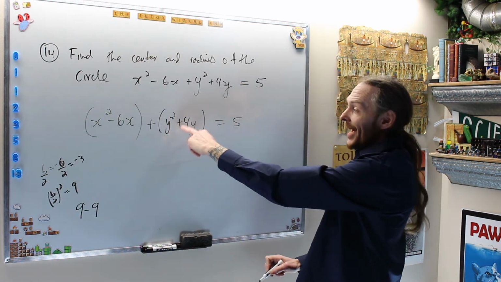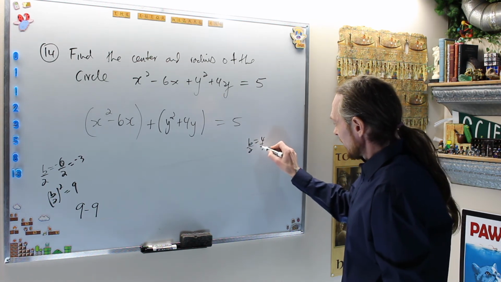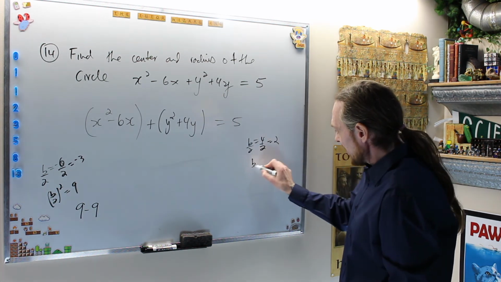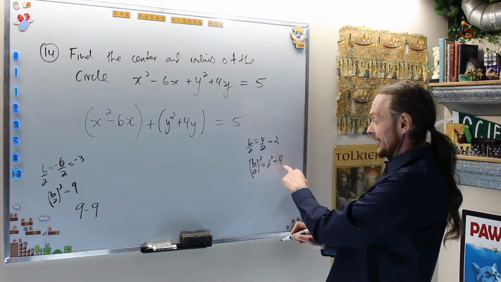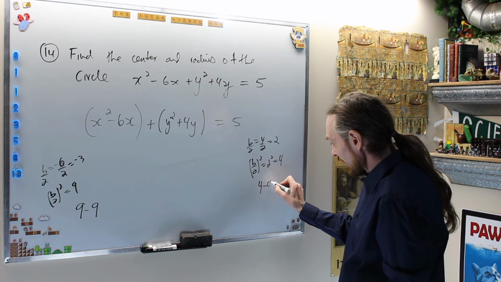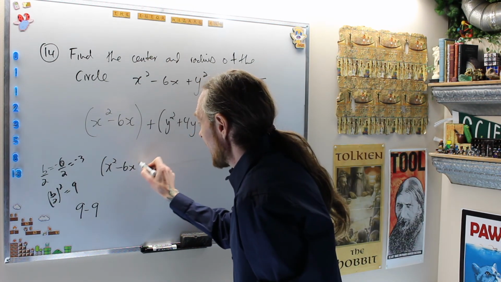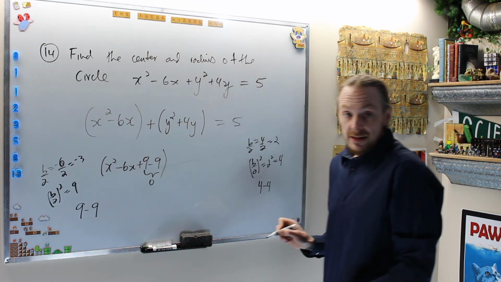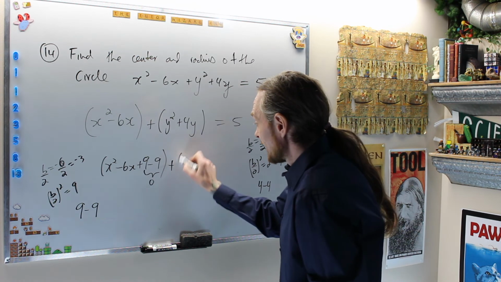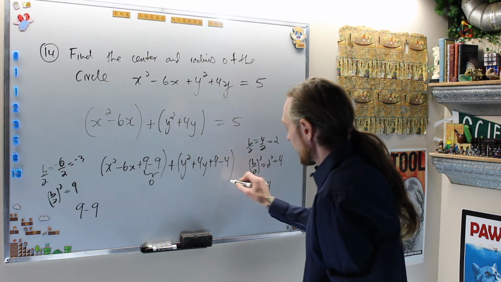For the y's, I have b is 4. So over 2 is 2. So b over 2 squared is 2 squared, which is 4. But I can't just add 4. I'm going to add 4 minus 4. This gives me x squared minus 6x plus 9 minus 9. I've added 0 into that first bracket. And then plus y squared plus 4y plus 4 minus 4.